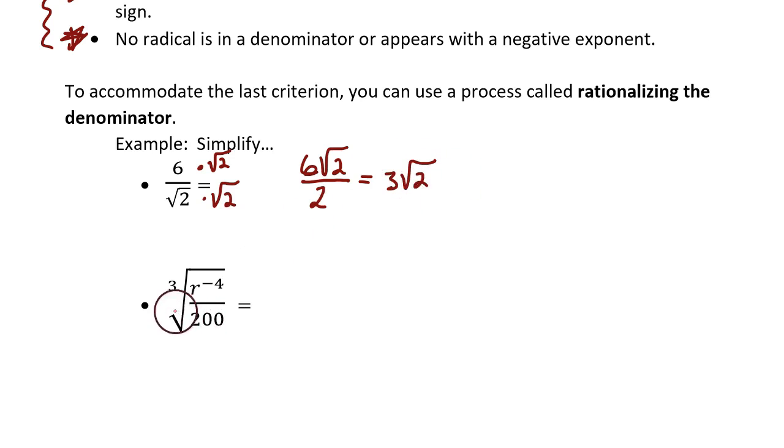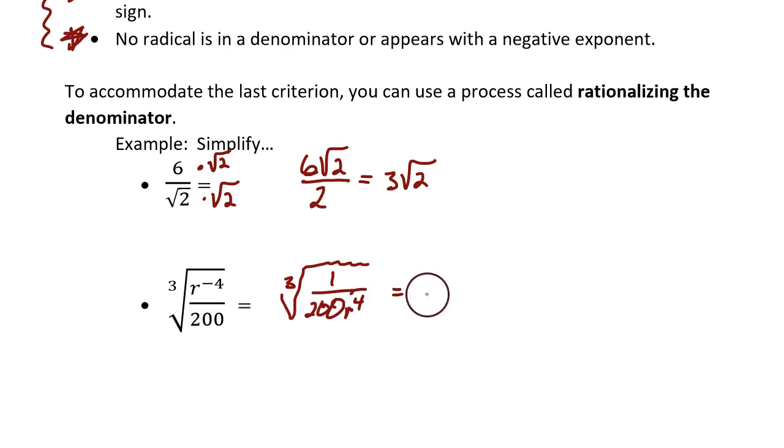Next example. We have the cube root of this expression. This is not simplified because it has a fraction, but also because it has a negative exponent in the radical. First step, let's rewrite that and correct the negative exponent. This is equivalent to 1 over 200 r to the 4th power.